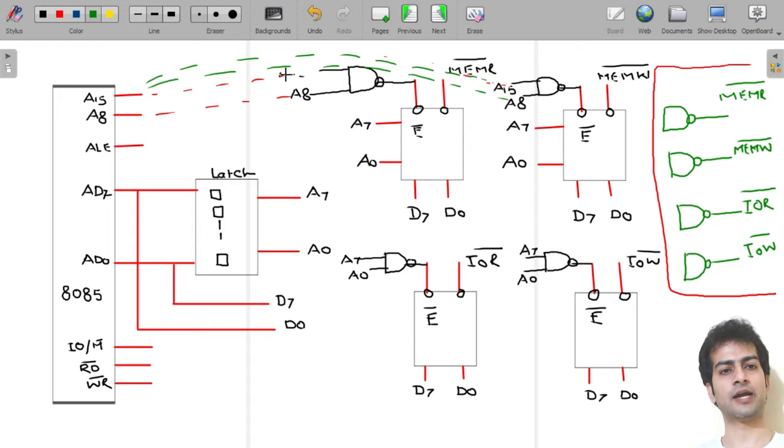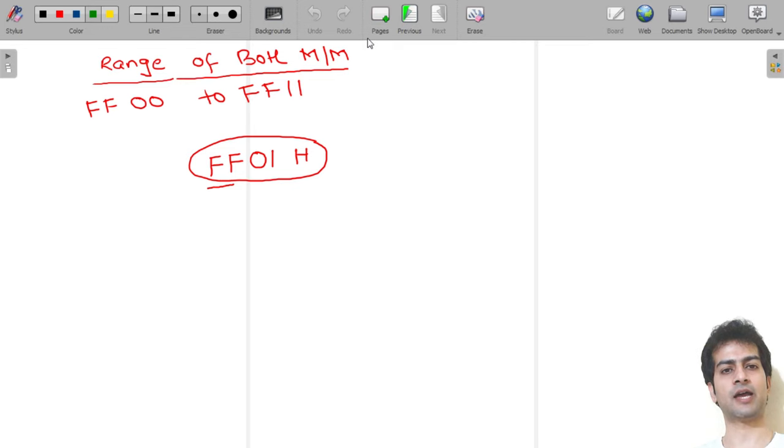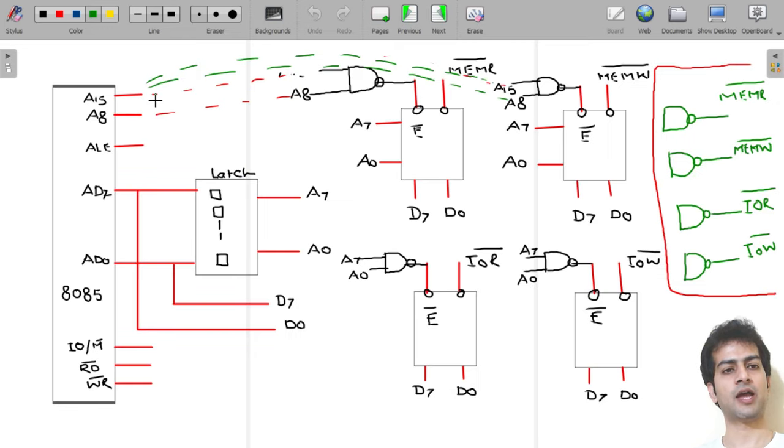So the higher byte, FF, will come here, and FF will also come here.